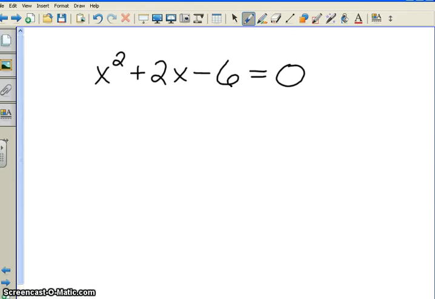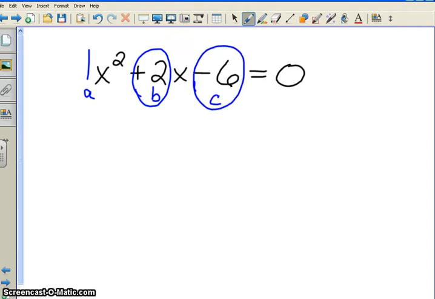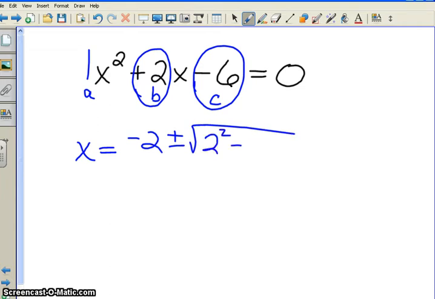So in this particular case, my a is going to be 1, my b is going to be positive 2, and my c is going to be negative 6. So into the quadratic formula we go. x equals negative b plus or minus the square root of b squared minus 4ac all over 2a.